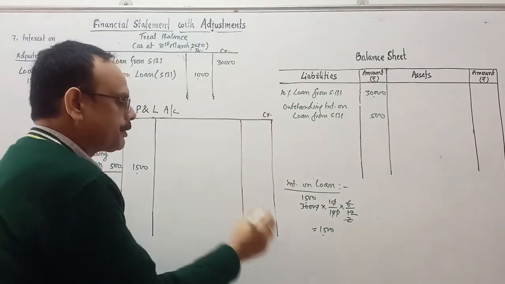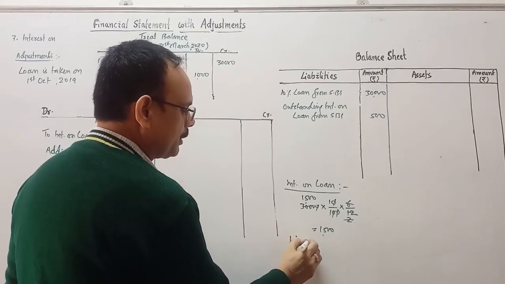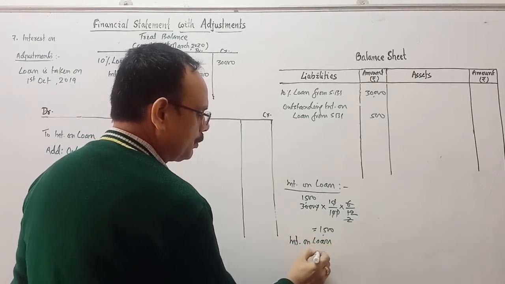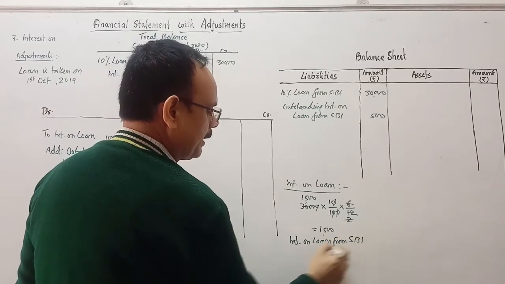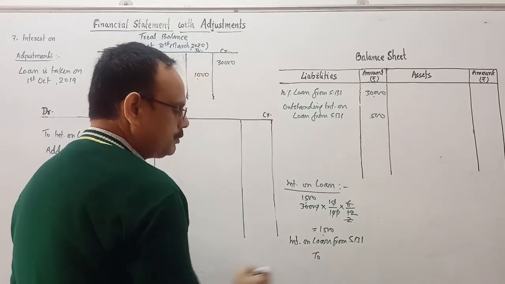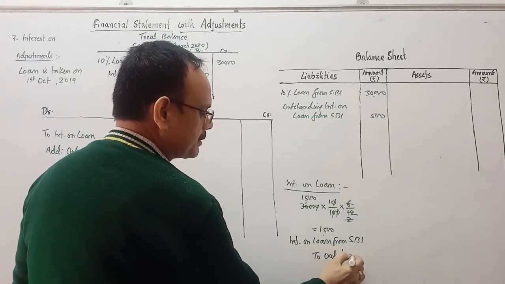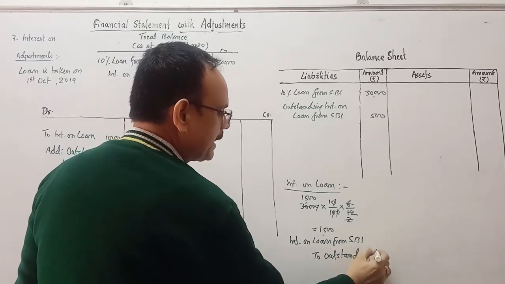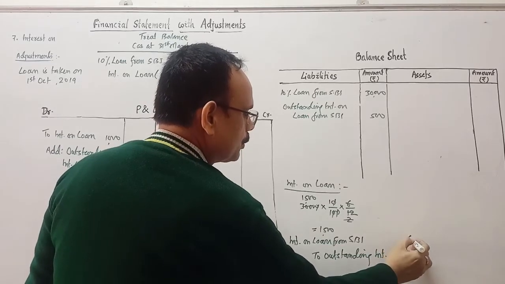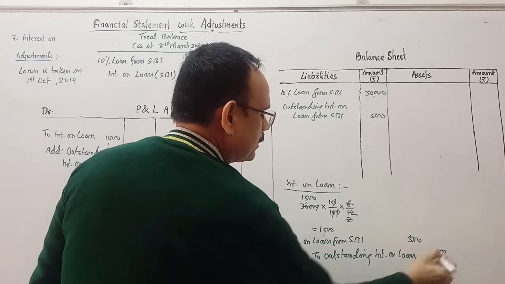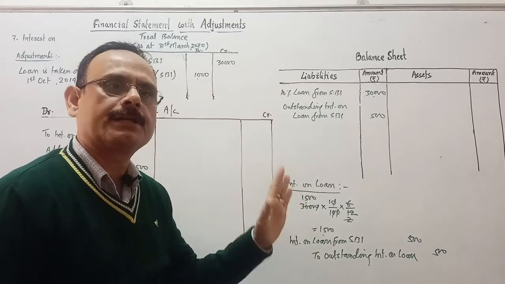Okay, so what will be the entry of this adjustment? Interest on loan from SBI account debit to outstanding interest on loan 500.